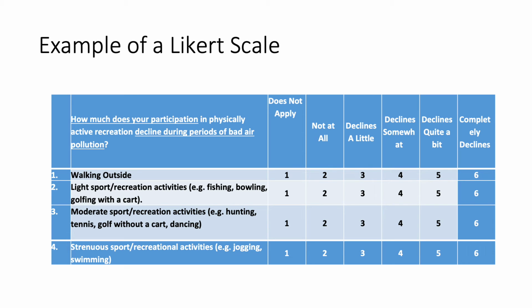And it gives you examples such as walking outside, light sports, moderate sports, and so forth, and gives you some sort of value based off of the question. Another example that you may be more familiar with is rating a scale of hardness on a class, or easiness, such as 1 being really easy, and a 10 being very hard.